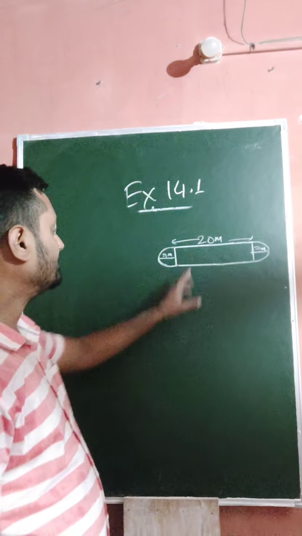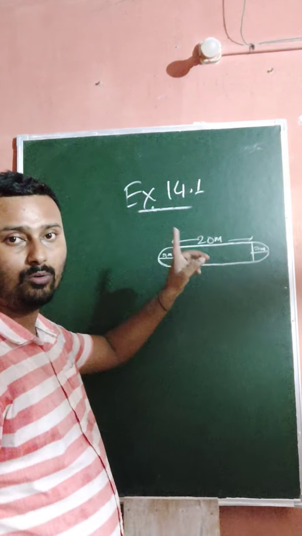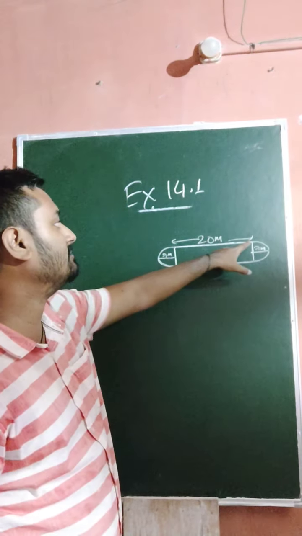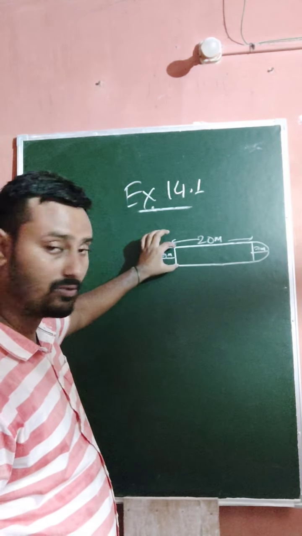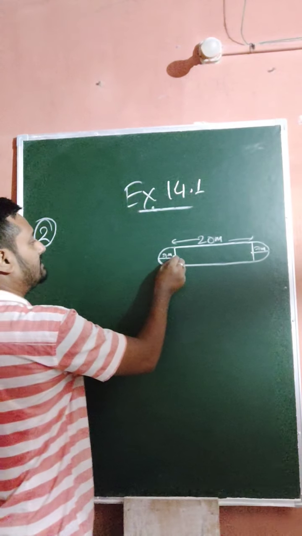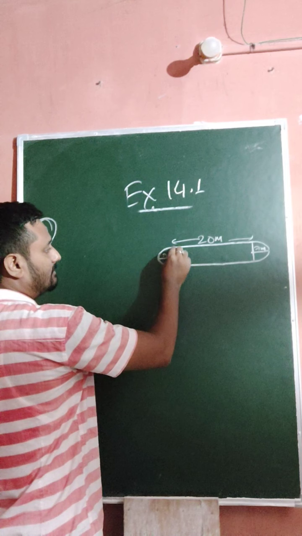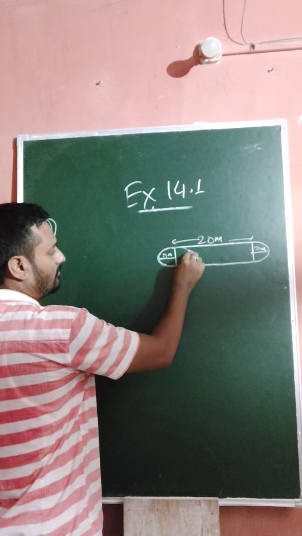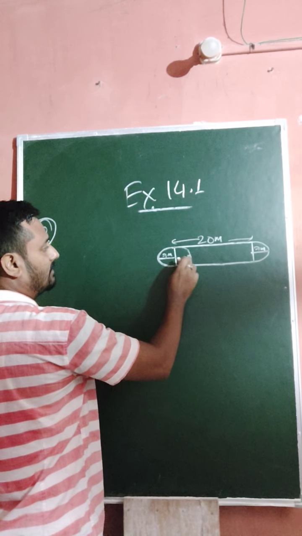To find the area of the rectangular part, you have to know both the length and breadth. Suppose you consider this part is length, that means 20 meter. Then you have to know this part. Now look at this one. This part is given 7 meter, and this is a semicircle. Suppose you complete that semicircle to a circle.